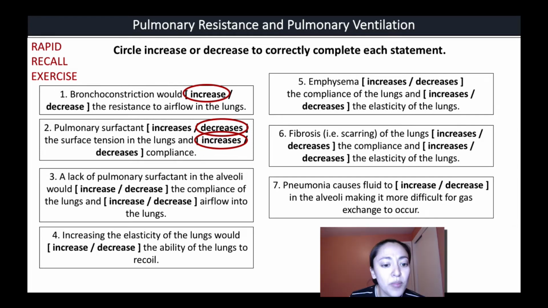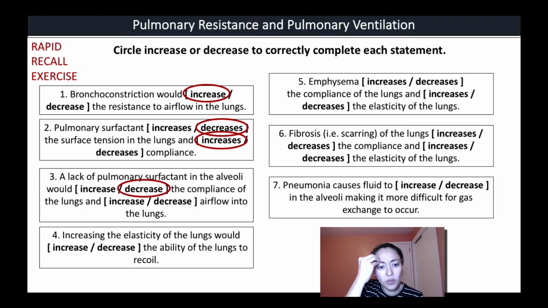A lack of pulmonary surfactant in the alveoli would blank. So if I don't have enough pulmonary surfactant in my alveoli, it's going to decrease compliance because you need it for the lungs to expand easily.